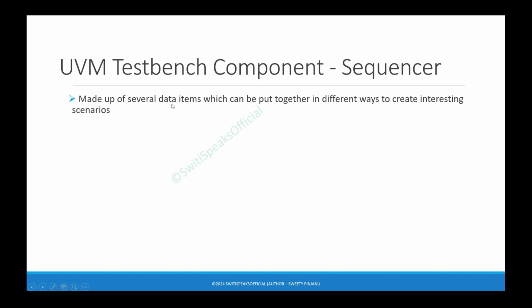So when you put together these sequence items in very different ways, you will create some interesting scenarios. And with these interesting scenarios, you can find some bugs. We are going to see in detail about how these things work in upcoming lectures. But for now, please remember that sequencer has something called sequence items, and they are used to generate some interesting scenarios.